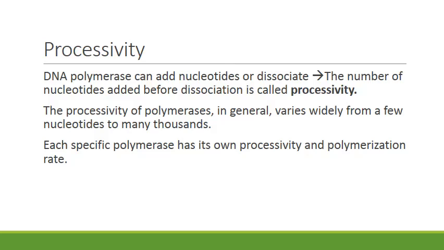You can think of it as the enzyme has to attach to the DNA. It can either attach and add nucleotides or it can dissociate from that DNA. And if it's better at attaching and making new nucleotide bonds, then it's better at adding nucleotides at a rate before it dissociates.